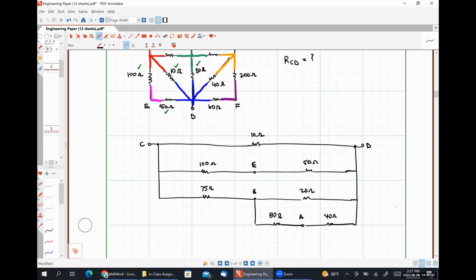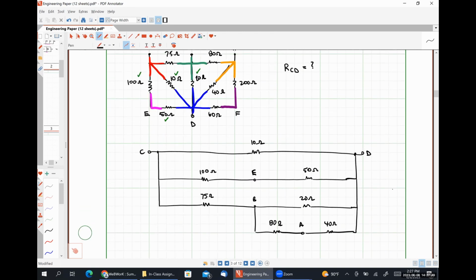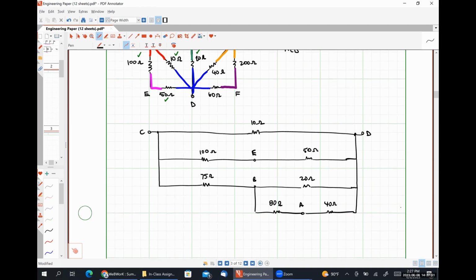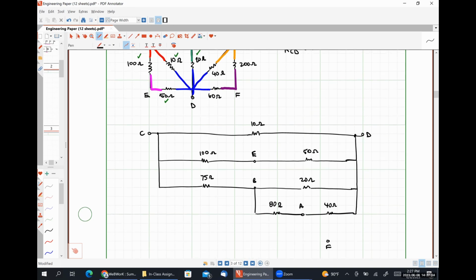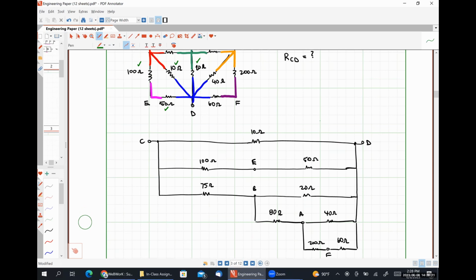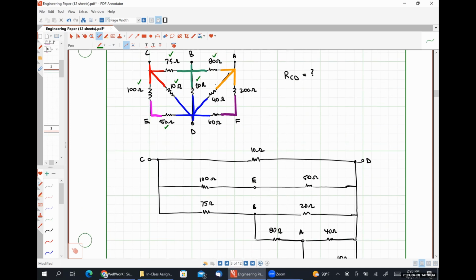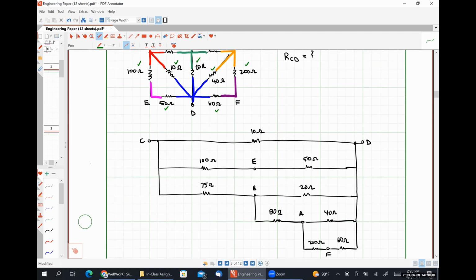And then there's also that path where I go from A to D through node F. So I'm going to put F right here. And so to go from A to F is through the 200. And then from F to D is through the 60. And if I am not mistaken, I believe I have accounted for every different path that I could take to get from C to D.